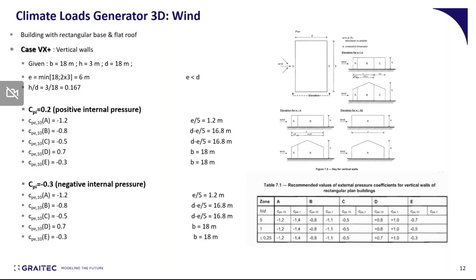So basically, for each wall and for each wind case, the following combinations of loads are created: the positive Cpi with the Cpe values that are identified on this table, and the negative Cpi with the Cpe values that have been identified earlier.